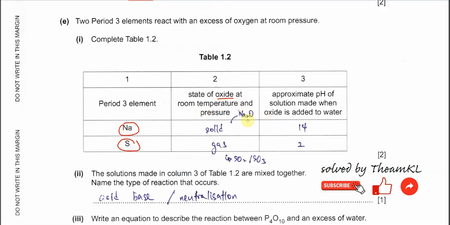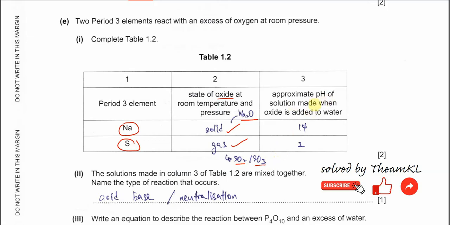Sodium oxide most likely is Na2O, so it's a solid at room temperature and pressure. For the oxide of sulfur, most likely it is sulfur dioxide or sulfur trioxide, and these 2 are gases, right? So it's gas.